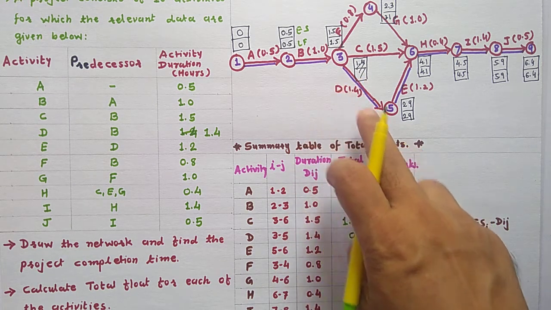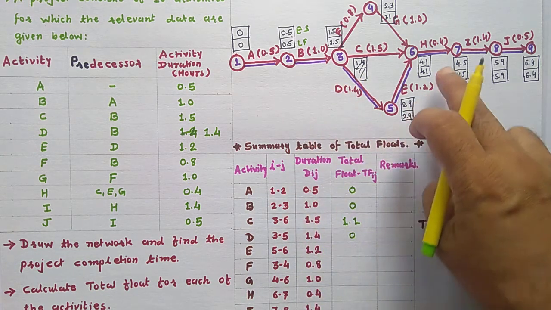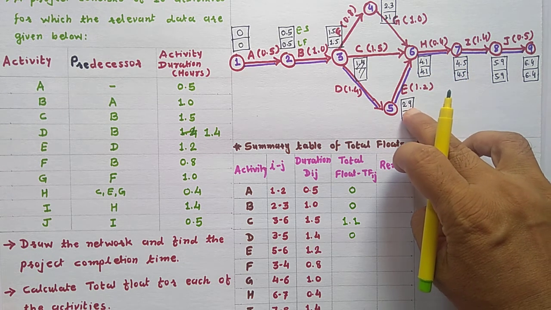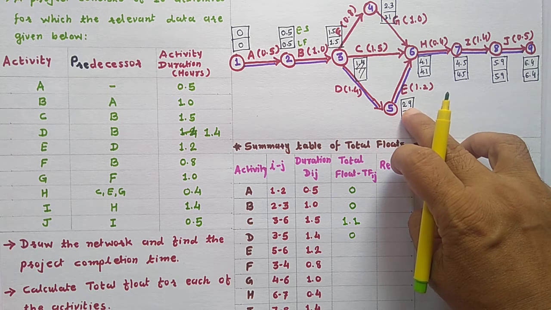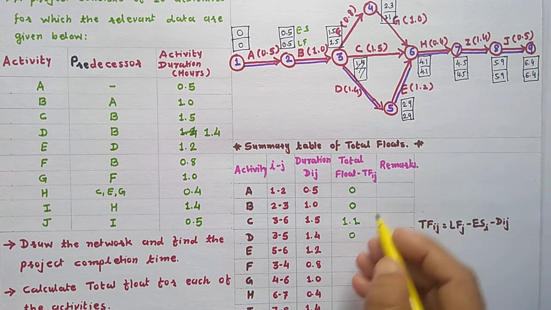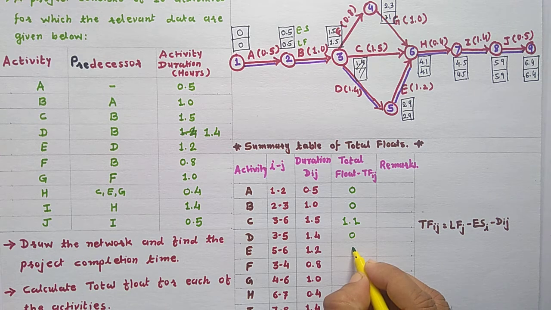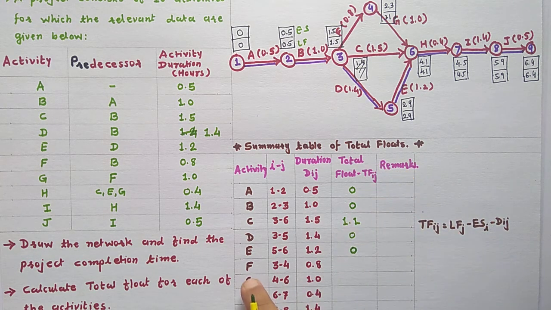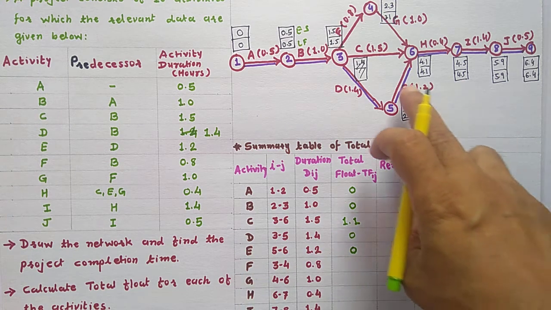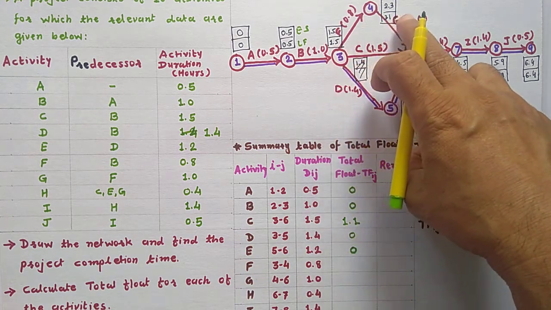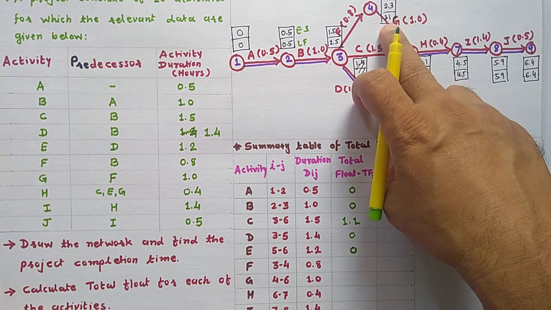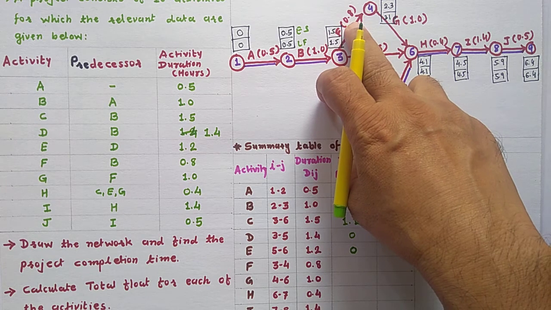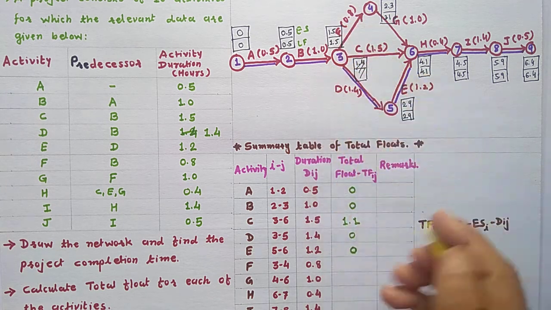Then activity E: 4.1 minus 2.9 is equal to 1.2, minus duration 1.2 is equal to 0. Then activity F: 3.1 minus 1.5 is equal to 1.6, minus duration 0.8 is equal to 0.8.